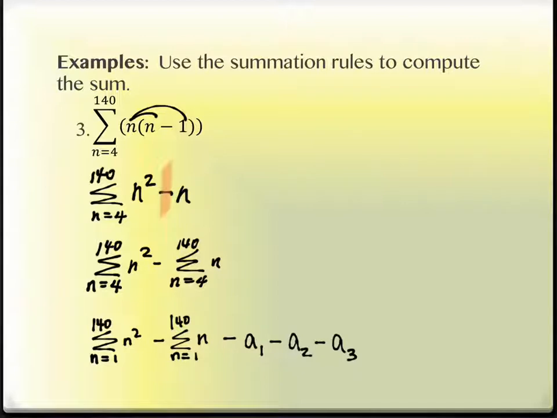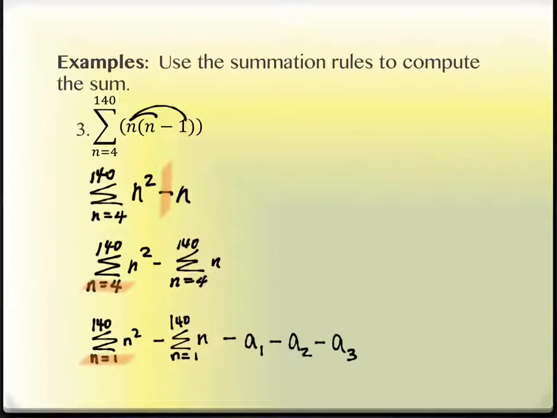Jot yourself a note so you can look back at this and see why you did this. This change, from n equals 4 to n equals 1, meant that I increased the number of terms in the summation. I had the index start at a1 and then a2 and then a3. Those are the 3 additional terms I had. So since I included them here, now I have to exclude them at the end to subtract them off.